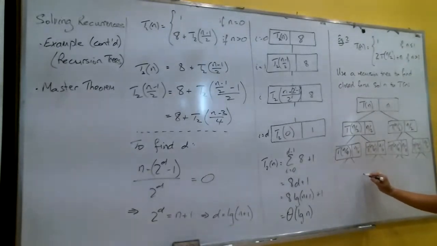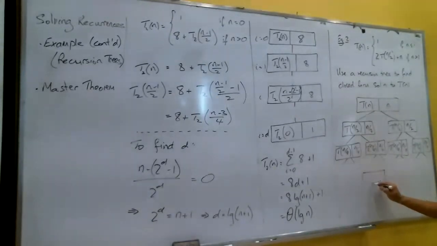What does a generic level node look like? N over 2 to the I.